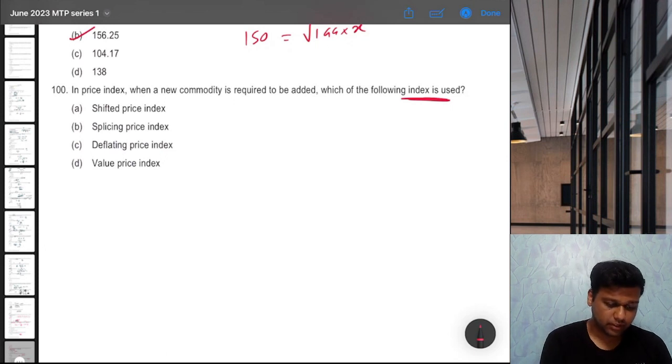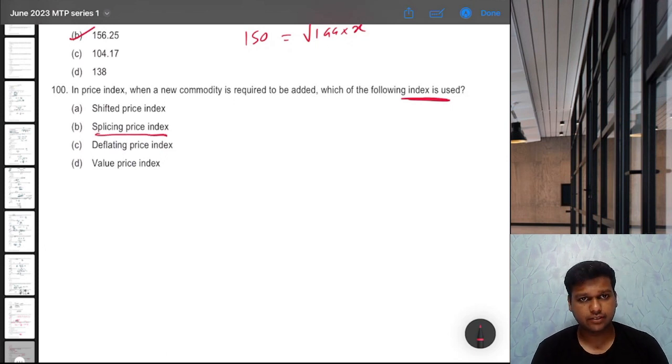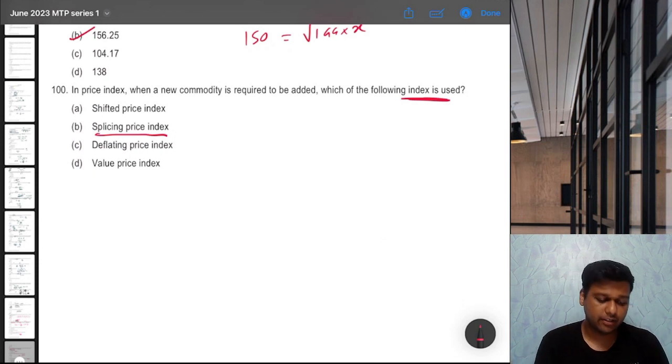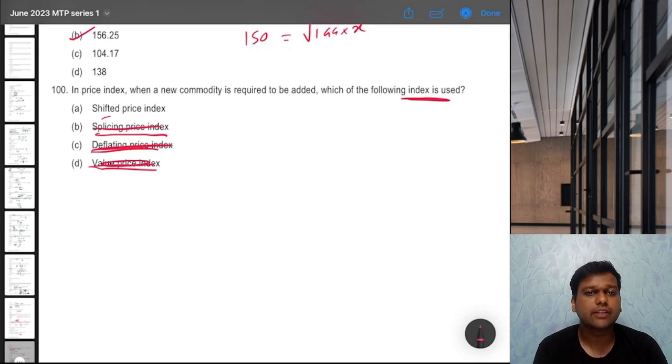Now, splicing a price index means, to splice something means to connect two disconnected indices. No, that is not what we are doing. We are adding a new commodity. So no. Deflating, that means adjusting it for inflation or any effect. No. Value price index, that has no meaning in this context. Shifted price index, that is what they probably mean. Again, like I said, this is not a correct way of framing the question.